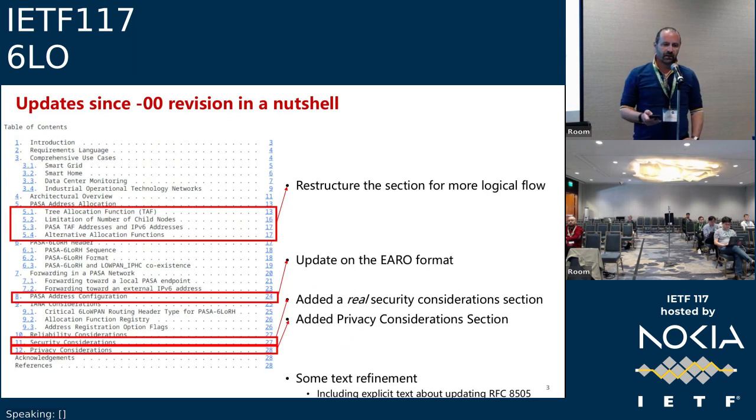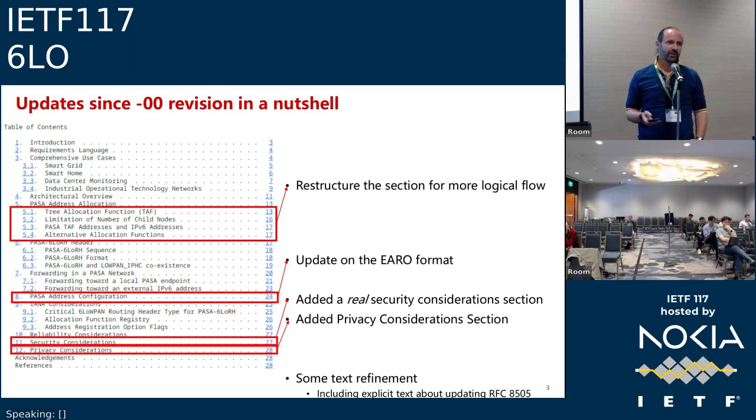For 01, the main updates were some restructuring of the PASA address allocation section in order to have a more logical flow. We updated the format of the ERO option for the first time in this revision, and as I said, we added a real security consideration section.